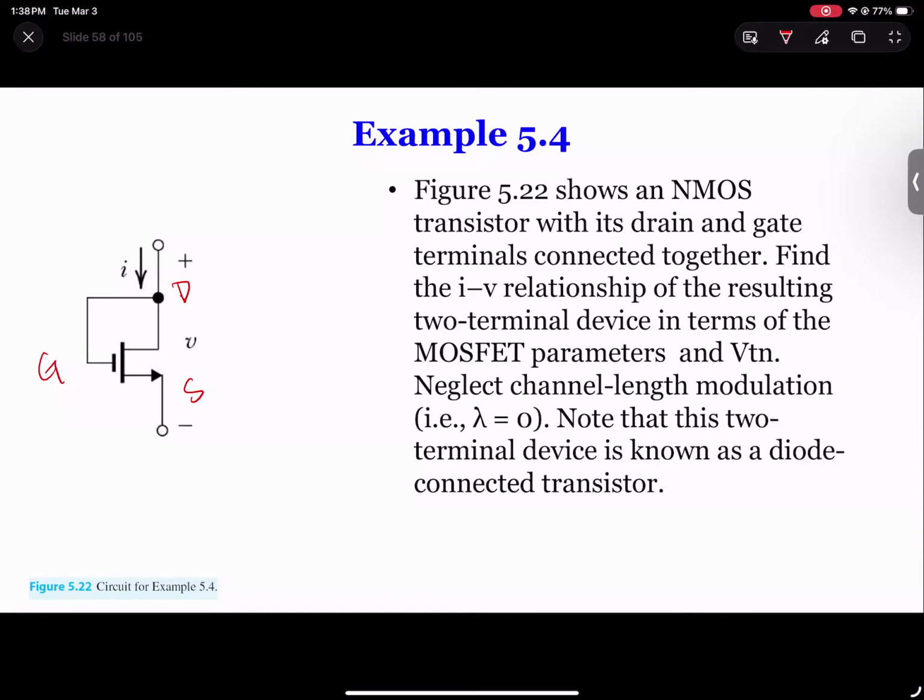So when D is active, what do we have for the operating mode? And if you compare VDS and VGS, what happened?